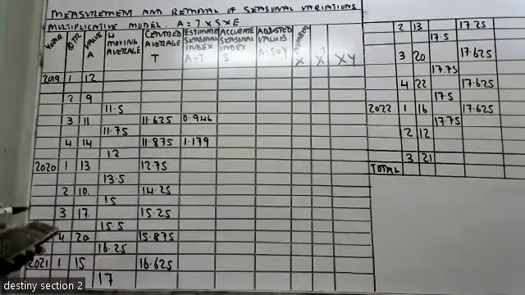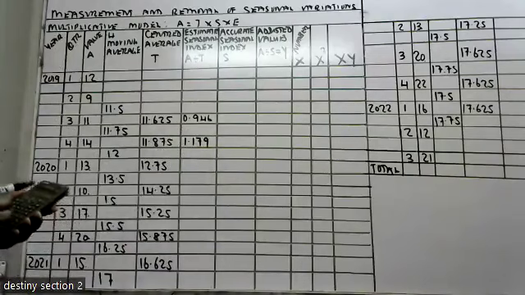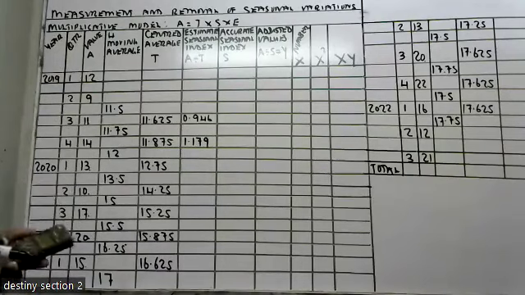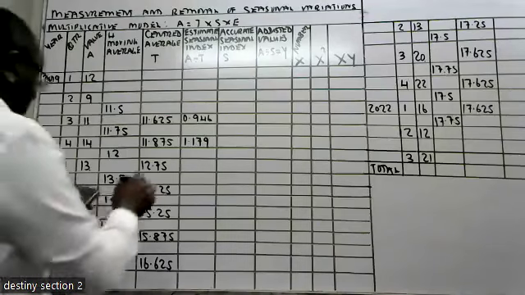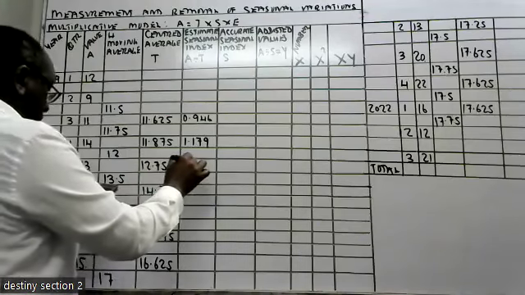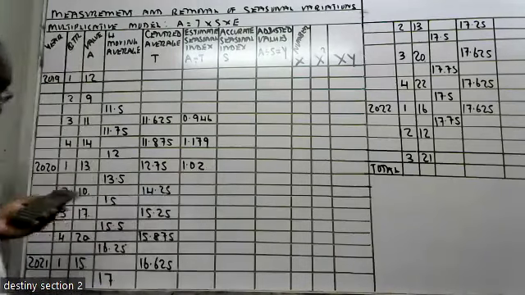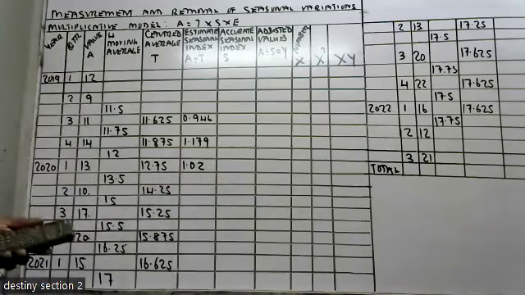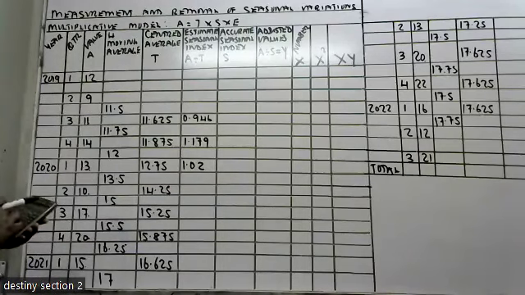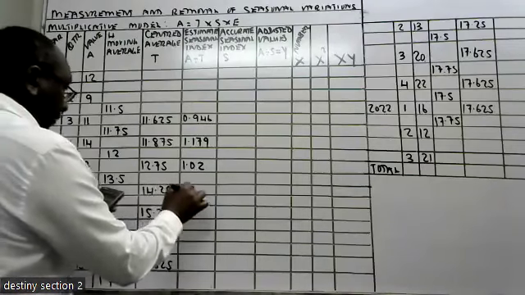Good. 13 divided by 12.75. I'm getting 1.02, that will come to 1.020 if you are using 3 decimals. 10 divided by 14.25 is coming to 0.702.